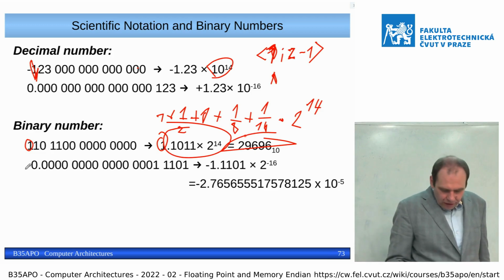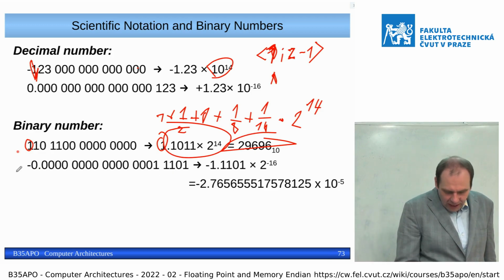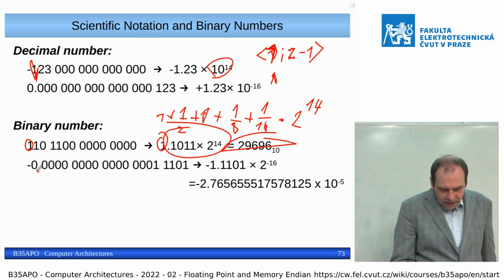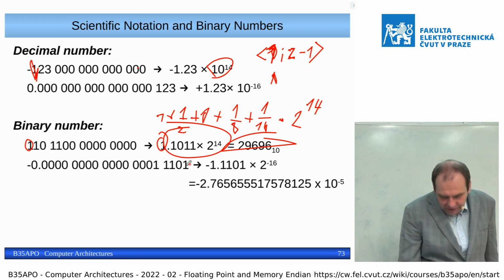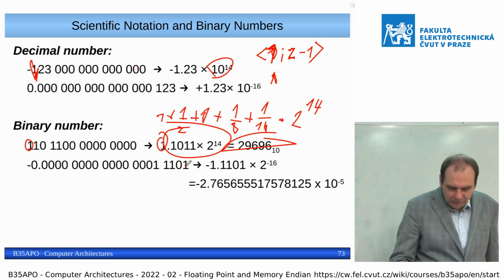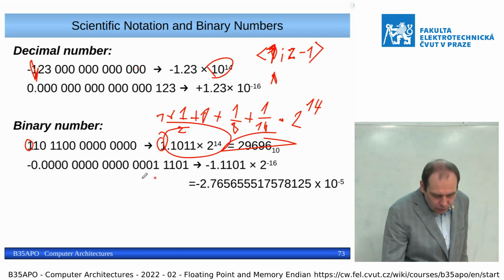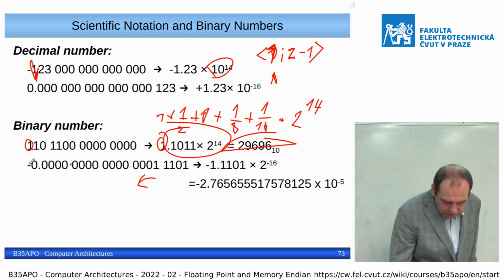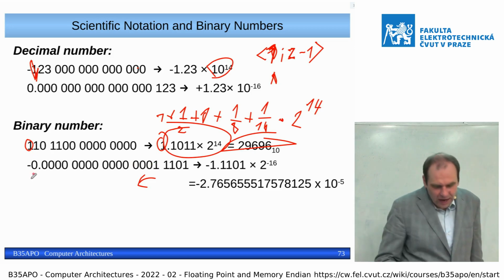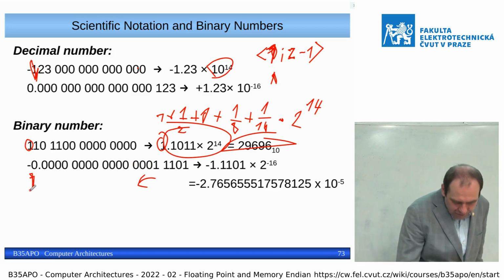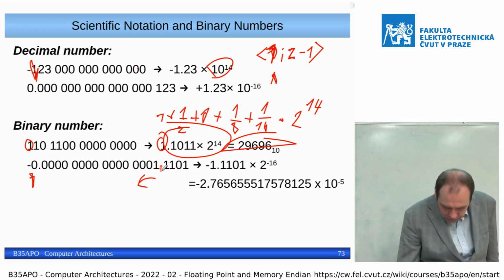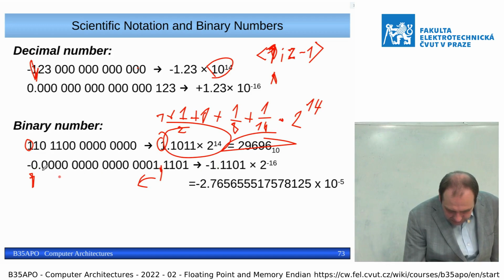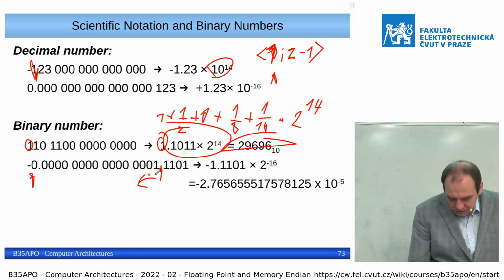If we want to have a negative, then we can add a minus there. And for example, if we have a value which is very, very small, this means that we need to move the most significant bit to the left as long as it appears before the fraction point. It should be 16 bits below that fraction digit.